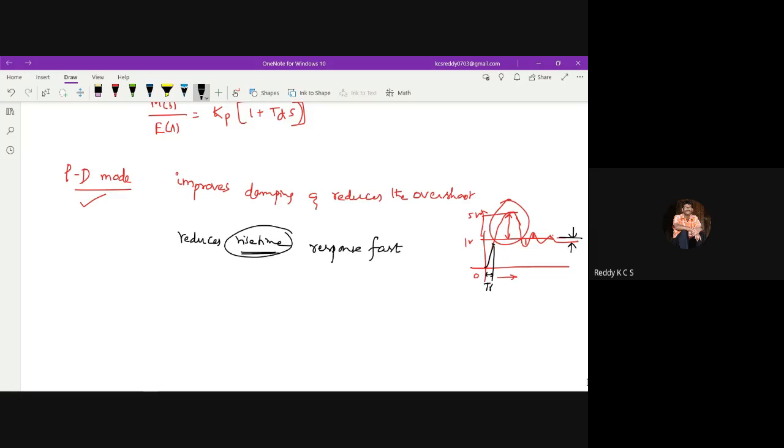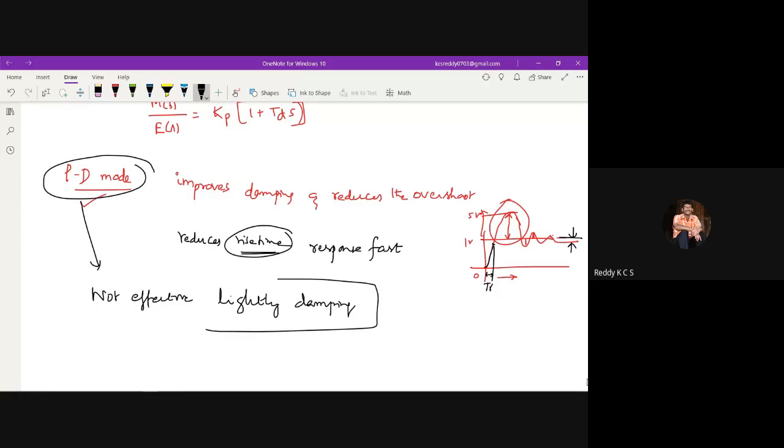Also, PD is not effective for a lightly damped system. Lightly damped means there is no damping, or very little damping. If you provide this, the PD controller will not work.